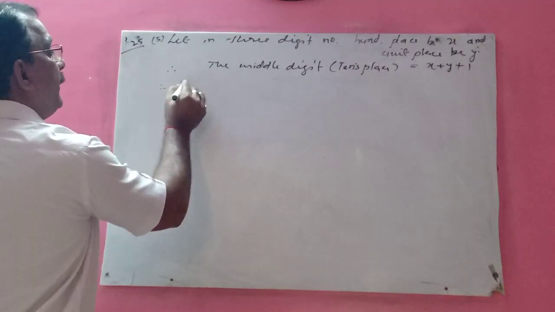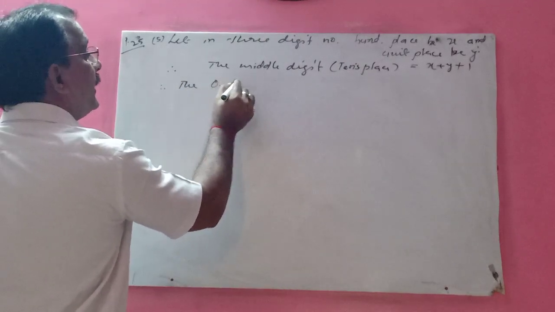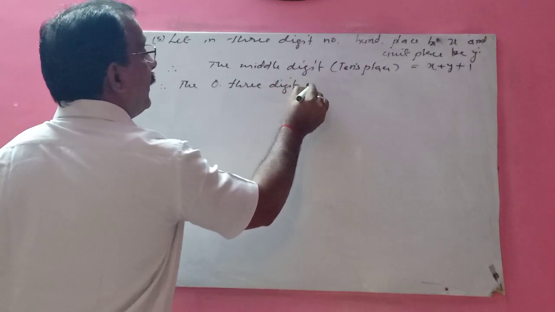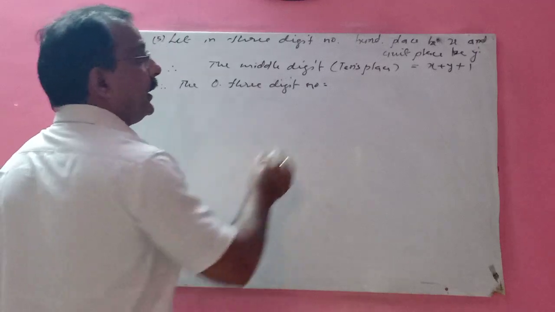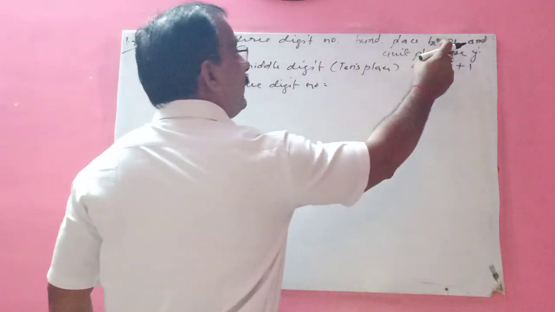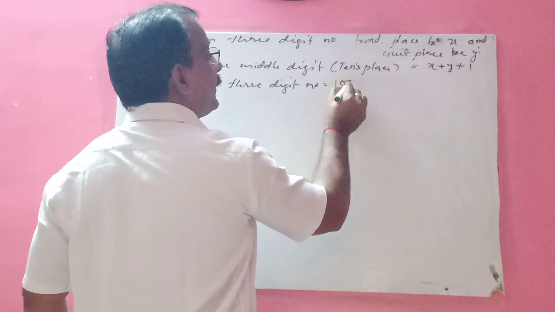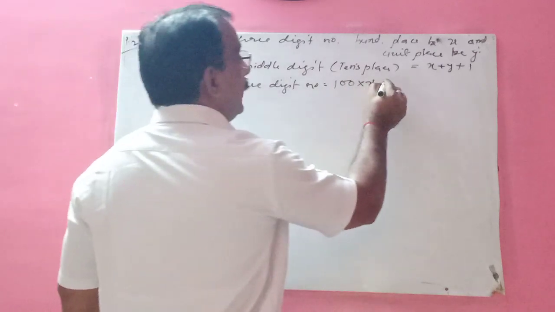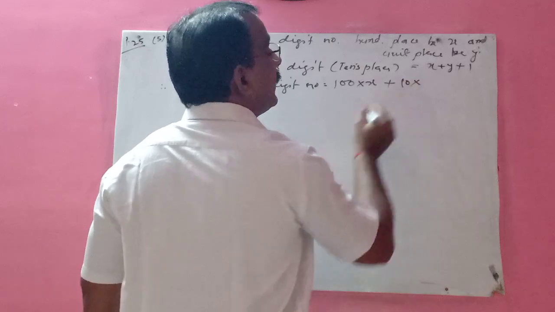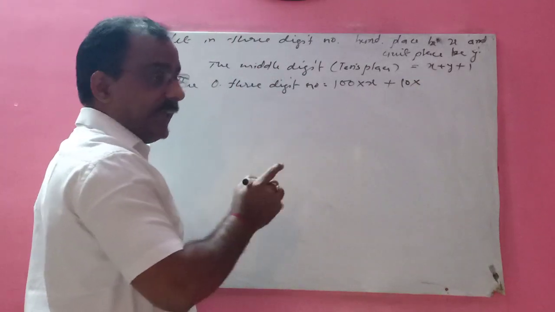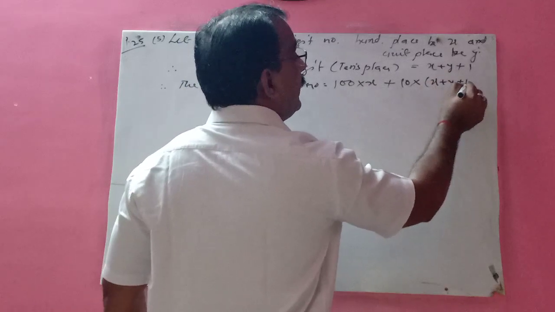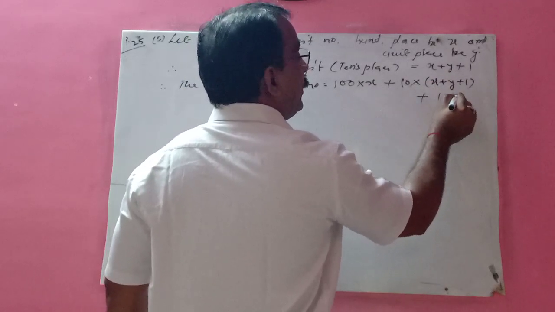Therefore the original 3-digit number is equal to what? Multiply hundreds place digit by 100. 100 into x plus 10 into tens place digit, that is x plus y plus 1, plus 1 into unit place.